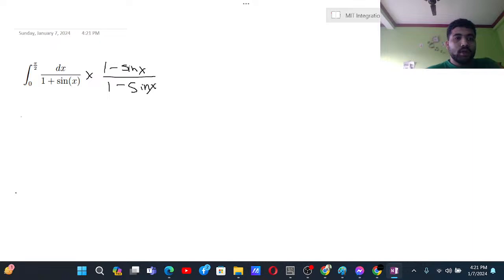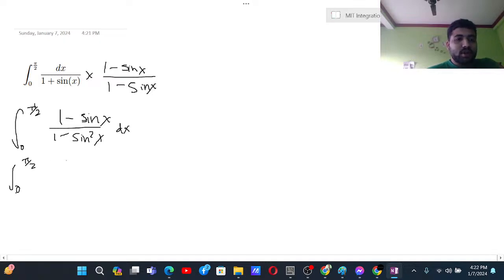We have the integral from 0 to pi by 2 of 1 minus sine x over 1 minus sine square x dx. Now 1 minus sine square x is just cos square x.